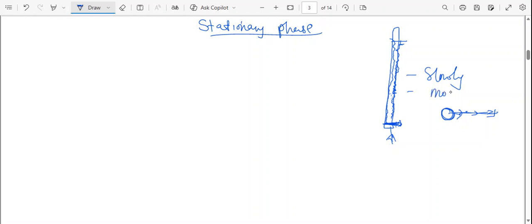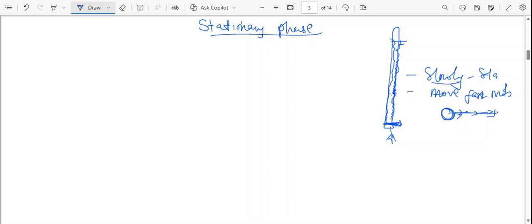So they move fast with the mobile phase, and slowly with the stationary phase because they won't be taken. Another thing we can do to make them faster is applying temperature, but that is another segment. As they move slowly, it means they are sticking to the stationary phase.